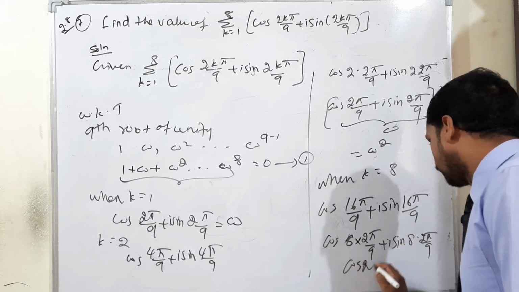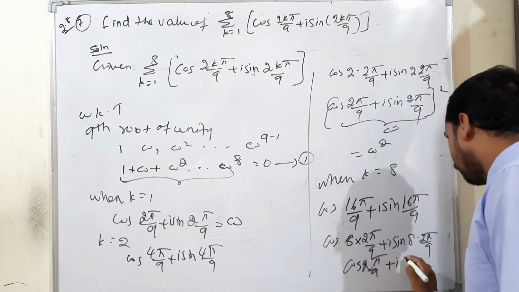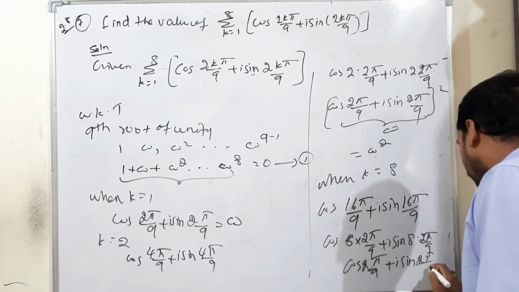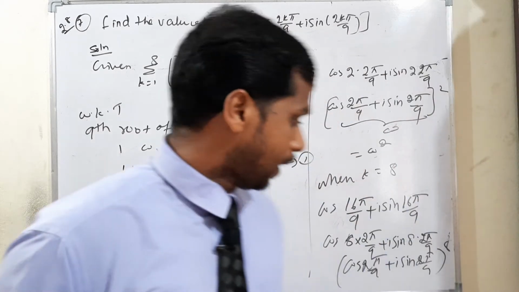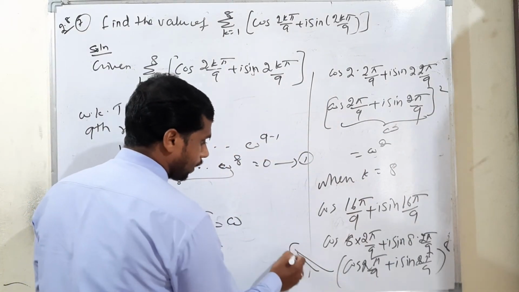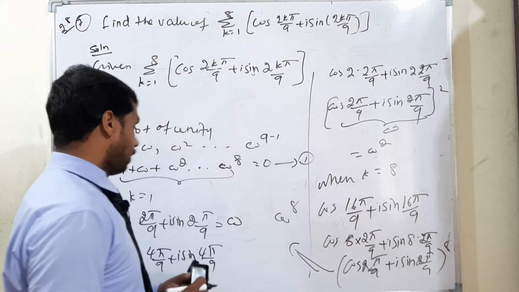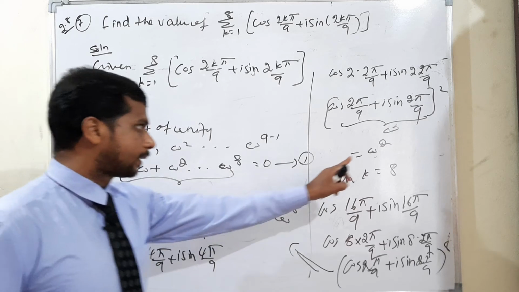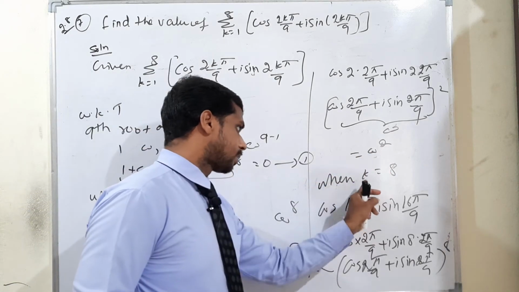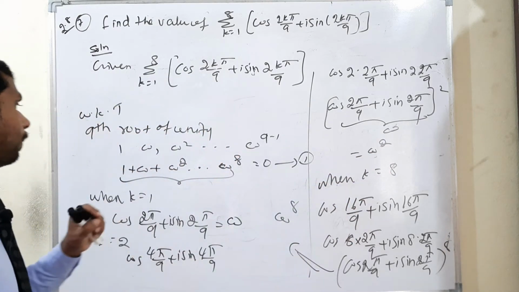Therefore, (cos 2π/9 plus i sin 2π/9) to the power of 8, which is ω to the power 8. So when k equals 1 the answer is ω, when k equals 2 it is ω square, and when k equals 8 it is ω to the power 8.